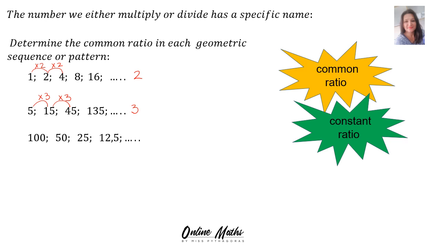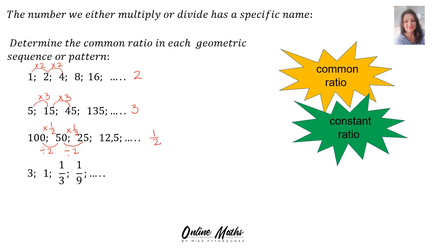In the next example, to get from 100 to 50, we divide by 2. But just keep in mind, divide by 2 is exactly the same as multiply by a half. Then, to get from 50 to 25, we divide by 2, or the same is we multiply by a half. Therefore, our common ratio is a half.